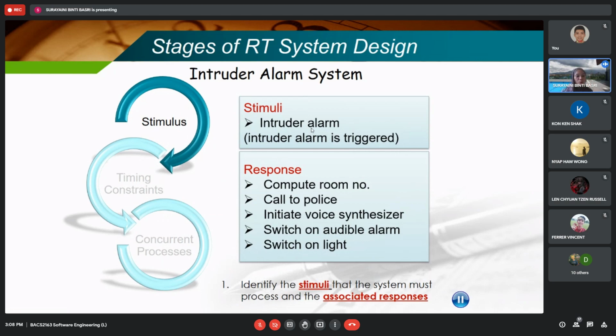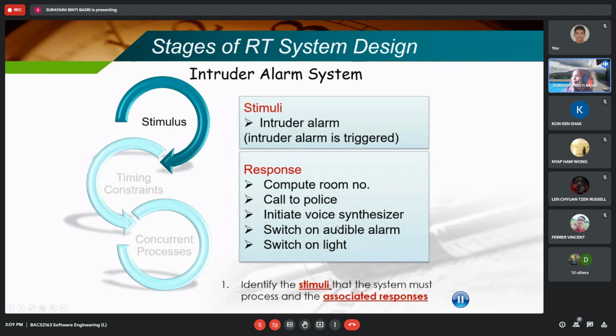The automatic response from the system is to check which room number has the intruder, or maybe automatically call the police, or initiate a voice synthesizer, or switch on an audible alarm, or switch on the light. These are the possible responses that you can give to this stimuli.